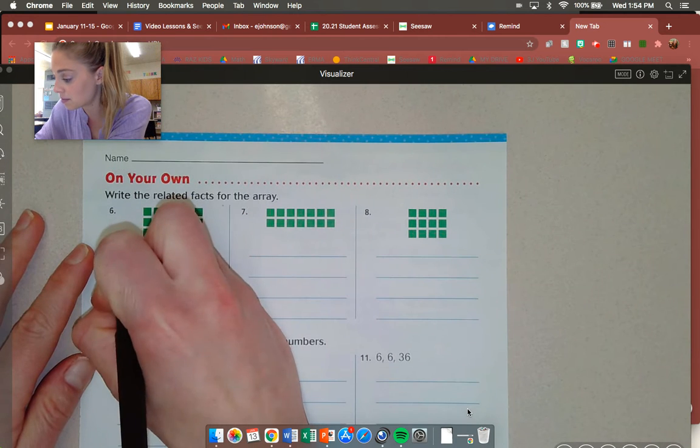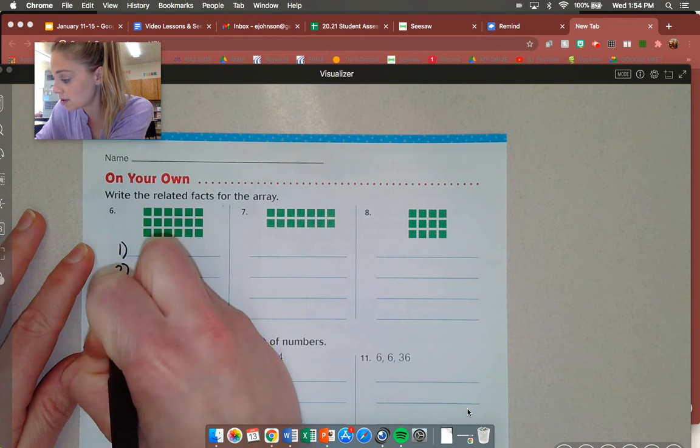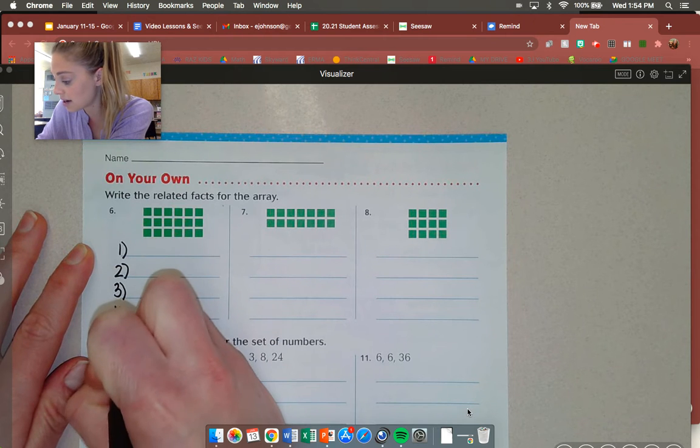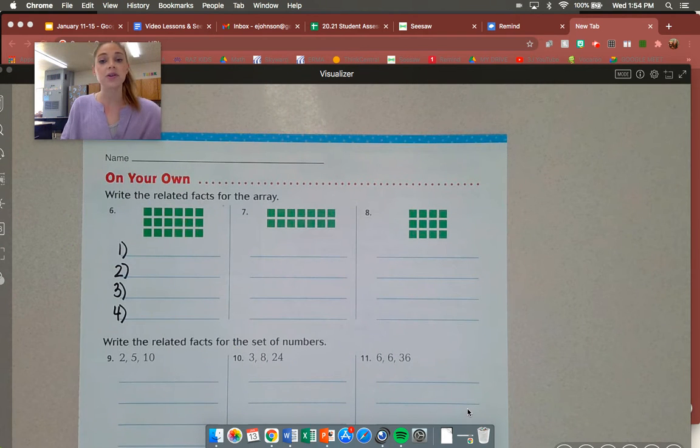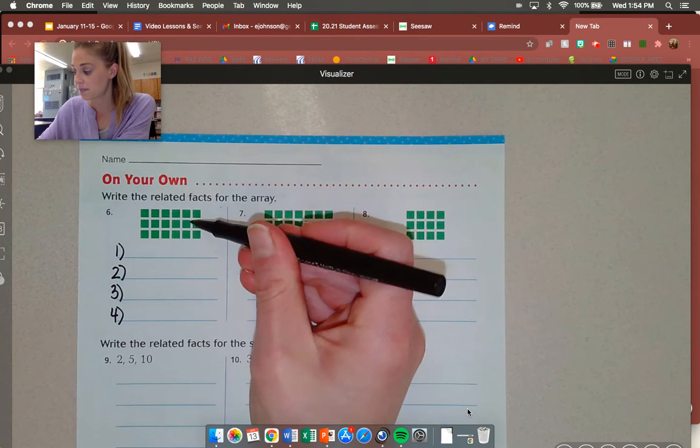So 1, 2, 3, and 4 equations. Now an equation would be like 3 times 5 equals 15. That would be an equation, okay? It's a math problem.